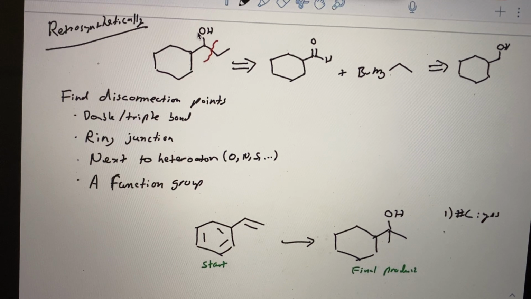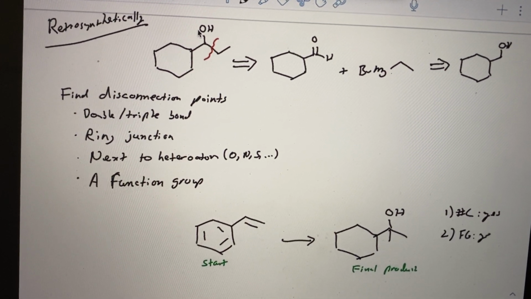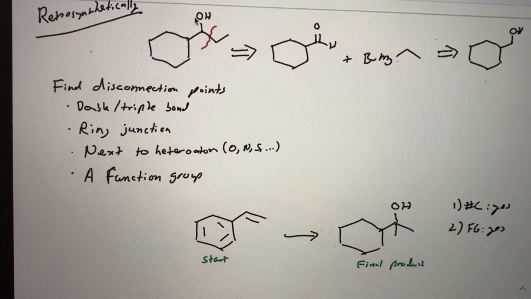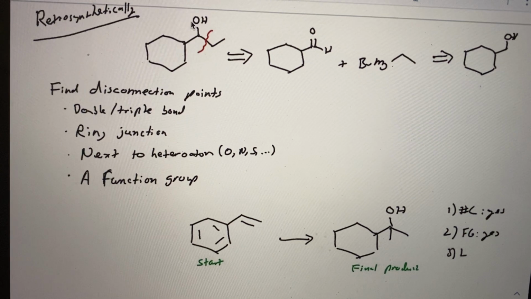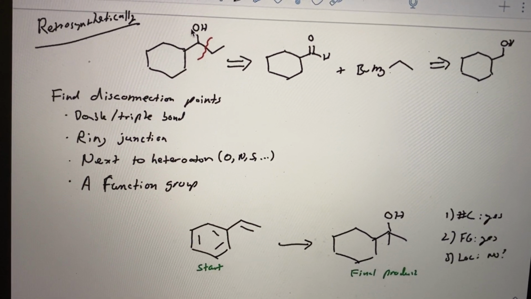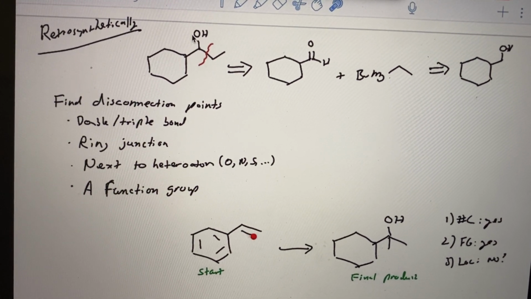Have we changed the functional group? Yes. Looks like we've gone from an alkene to an alcohol. Third, have we changed the location? Here, I'd say no, because it looks like it's still in the same part of the compound. We could say it's either really yes or no.